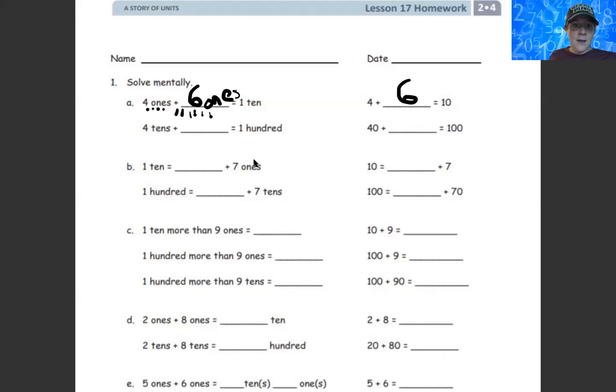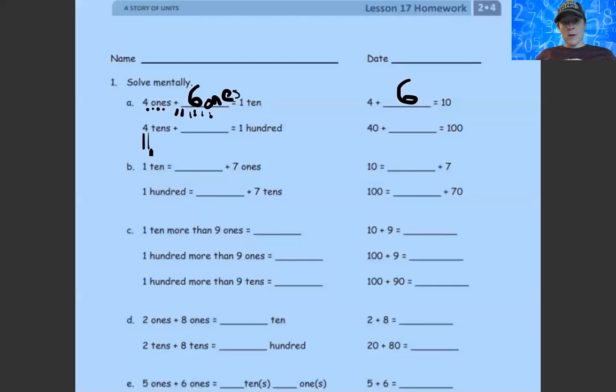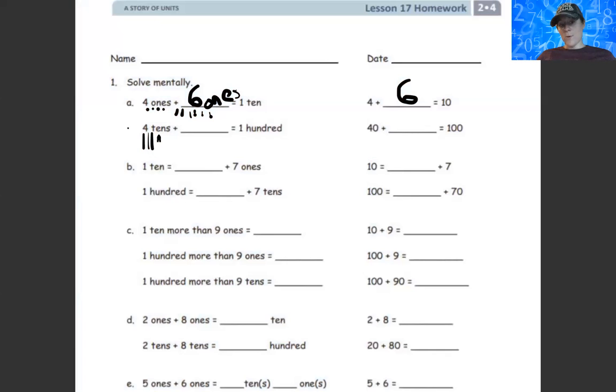Okay, I have 4 tens. How many more tens do I need to get to 100? I have 4 tens. 1, 2, 3, 4, that's 40. Let's keep counting by tens now. 40, 50, 60, 70, 80, 90, 100.